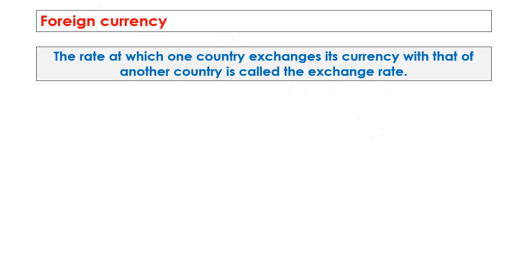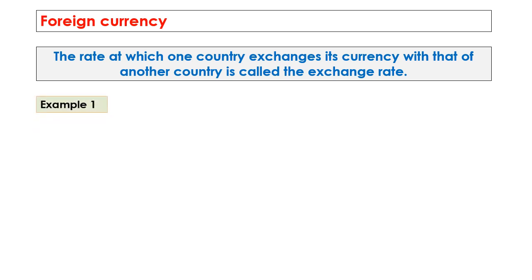Let's see how to solve problems related to the conversion of foreign currencies using the knowledge of direct proportions. The rate at which one country exchanges its currency with that of another country is called the exchange rate.